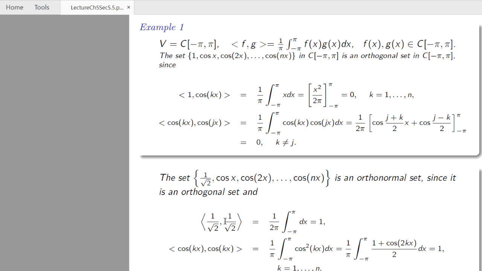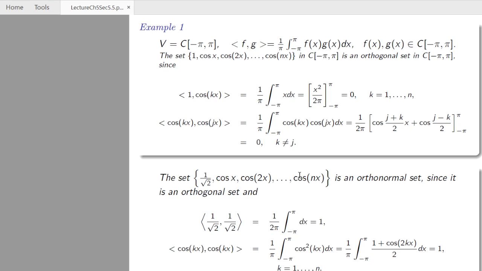So the inner product here equals 1 over pi times the integral, with 1 over square root 2 times 1 over square root 2, which gives 1/2. Now, this integral here equals 2 pi, and then it cancels with 1 over 2 pi, and the norm for the first vector here is 1.